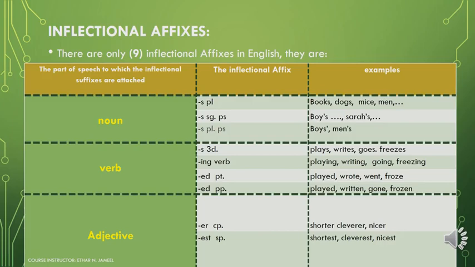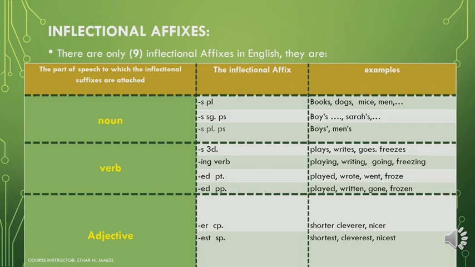Books, dogs. So the S in books and dogs is an inflectional affix. It is S plural and it is a suffix because it comes after the base.